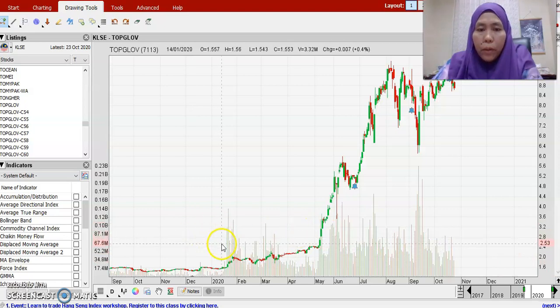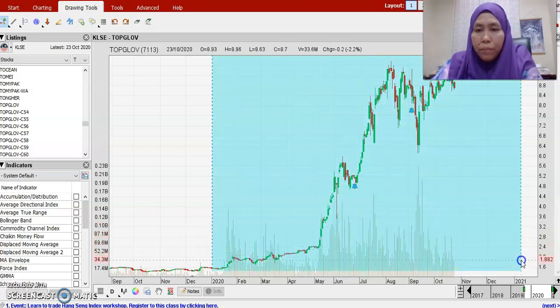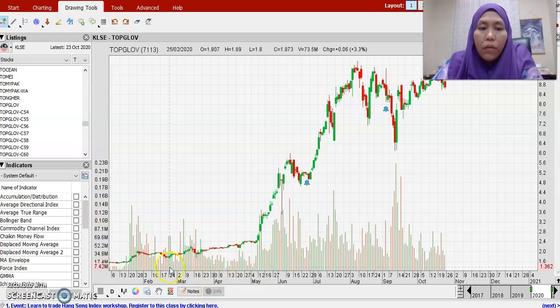From the beginning of 2020, this stock showed a slow increase in price and it started to become active in May 2020, when the COVID-19 pandemic had spread all over the world.